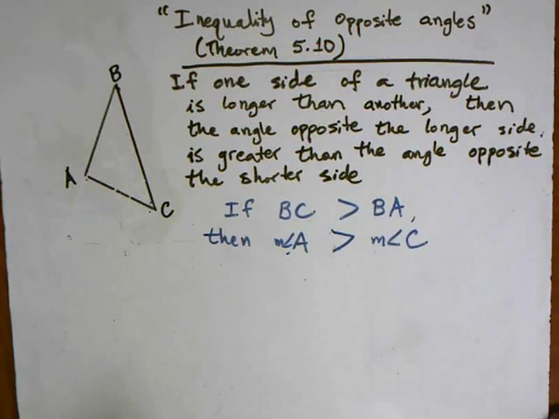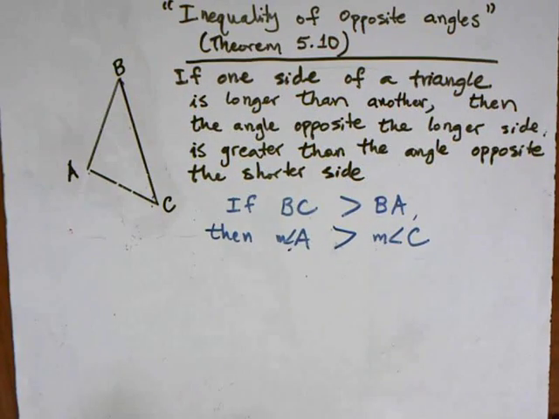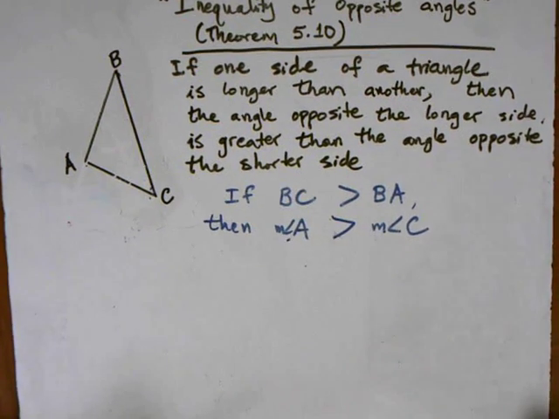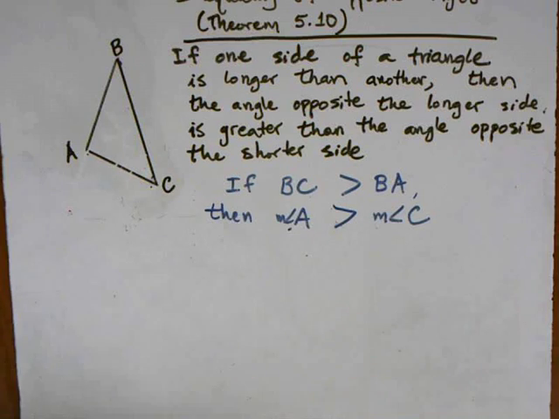And this theorem is a little bit different from anything else because we're proving an inequality. We're used to writing congruence proofs, but now is the first time that we prove an inequality. So we're going to make use of a great little postulate that's known as the Ruler Postulate.